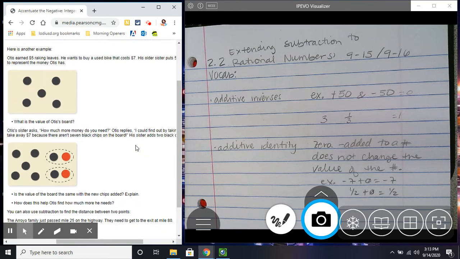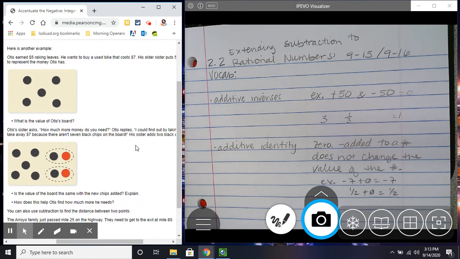Here's another example. Otis earned $5 raking leaves. He wants to buy a used bike that costs $7. His older sister put 5 black chips on the table to represent the money Otis has. So the value of his board would be $5. And then his sister asks, how much more money do you need?